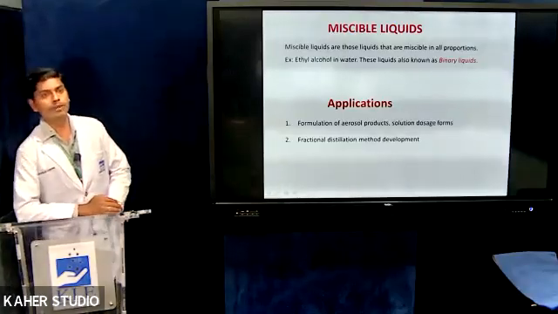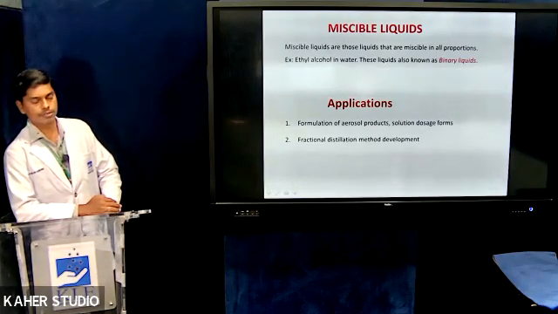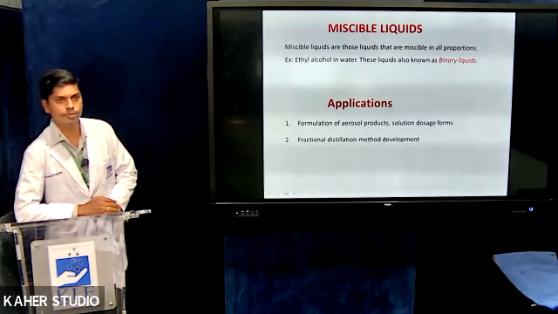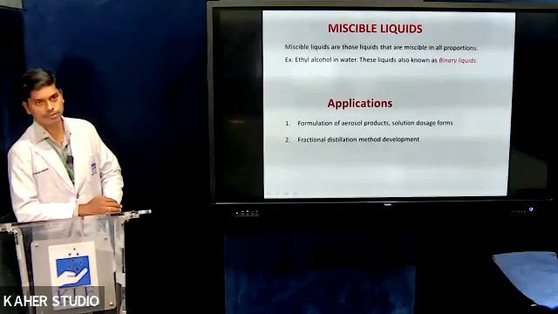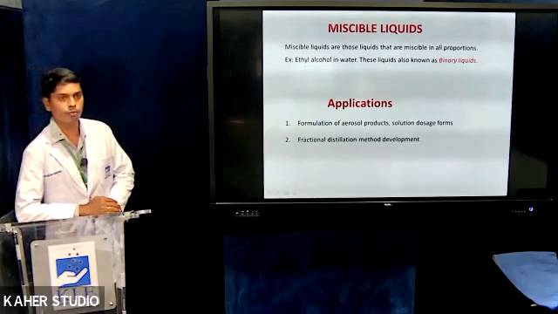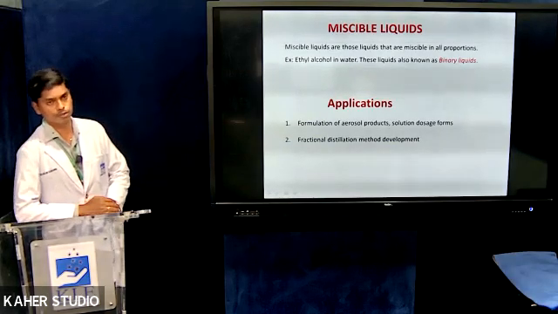Miscible liquids are those liquids which are miscible in all proportions. As I mentioned in previous slides, ethyl alcohol and water are miscible with each other, and these are also known as binary liquids. Applications of miscible liquids are in aerosol or solution dosage forms.